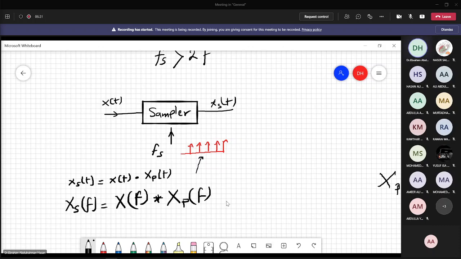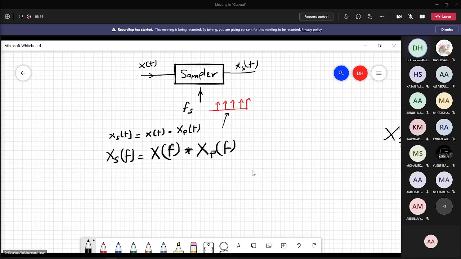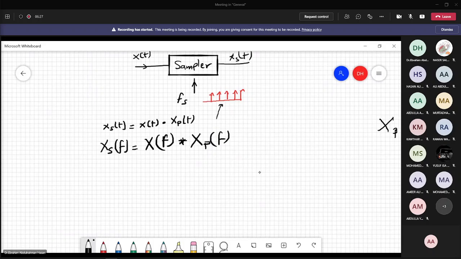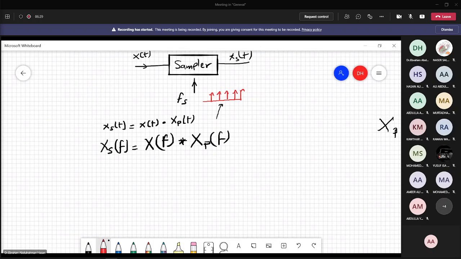طيب, suppose my x of t it is this. X of t is sinc square of alpha t, for example.